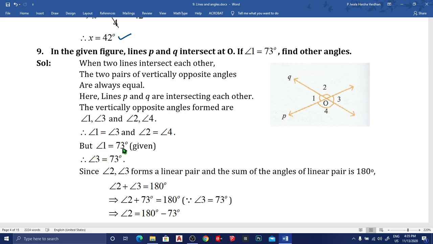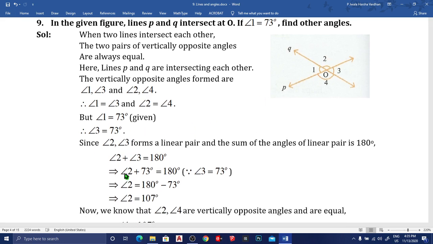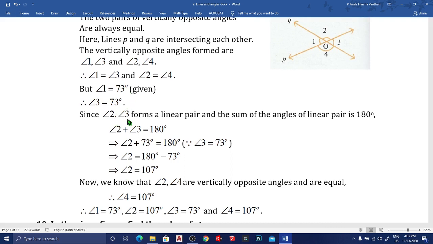Angle 1 is equal to 73 degrees, given here. Therefore angle 3 is 73 degrees. Next, since angle 2 and angle 3 form a linear pair and the sum of the angles of a linear pair is 180 degrees, I am taking these two angles 2 and 3. From this side also you can take Q as the straight line, and these two angles are a linear pair.